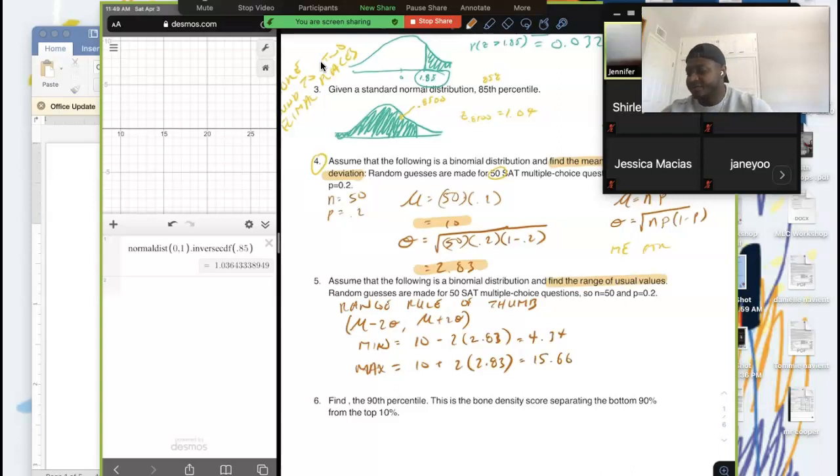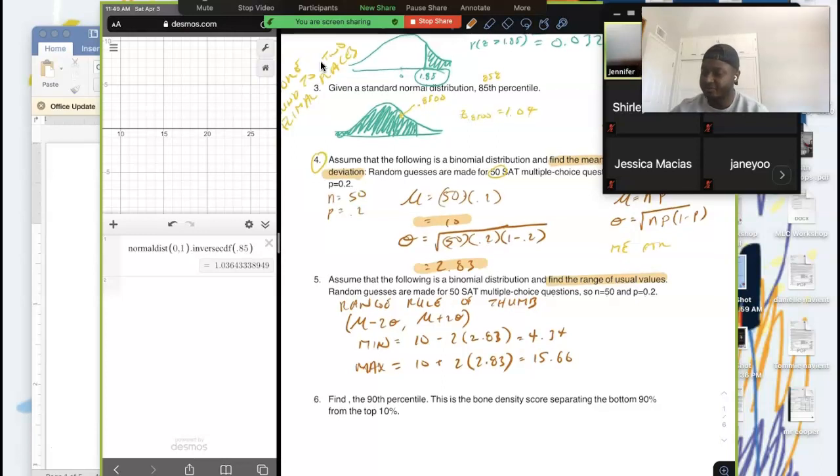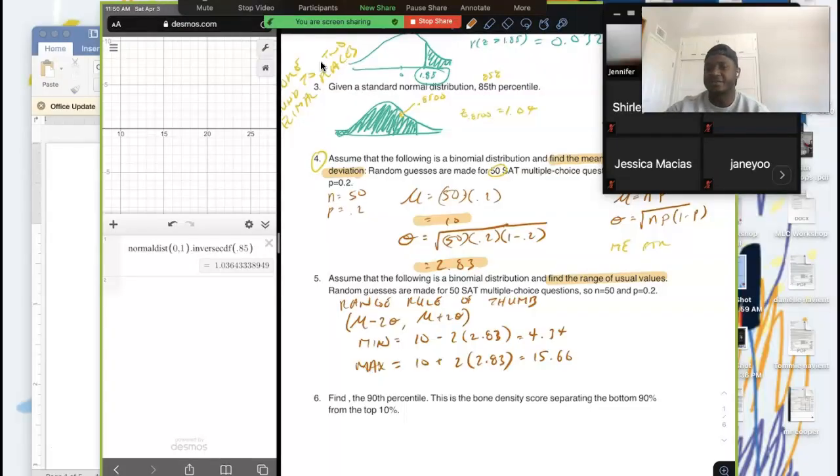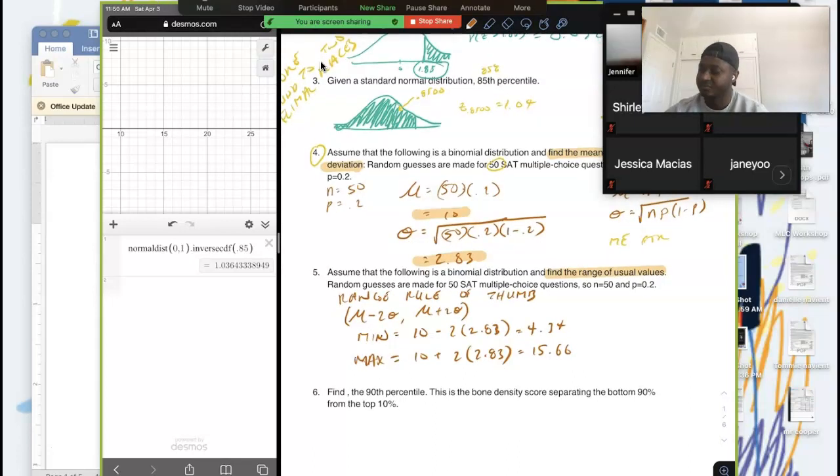So if a person had no idea what they're doing and was just going to guess, they should get scores between 4.3 and 15.66. Anything outside of that would be considered unusual. You okay with that? What? What 20? Oh, that's the symbol for standard deviation. Yeah, it's a sigma. You're good.